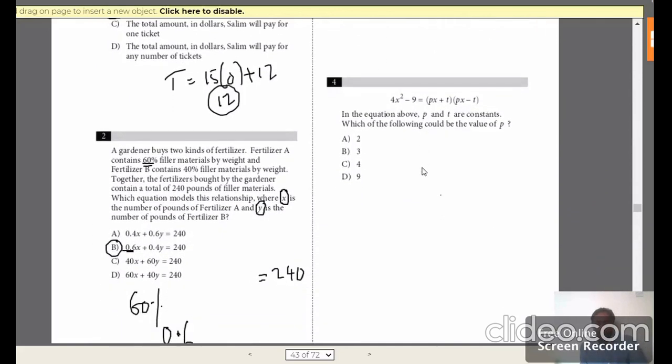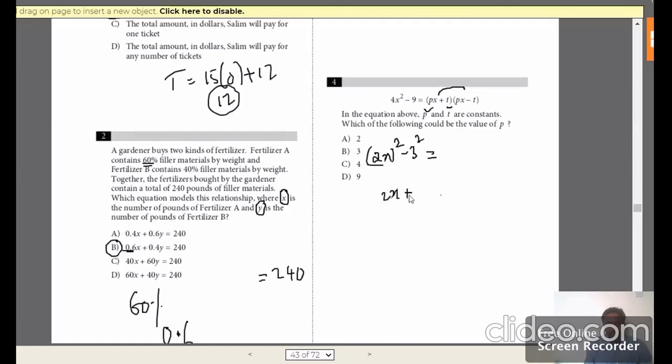Now moving on to question number 4. The equation is given to us, and p and t are constants. Which of the following could be the value of p? We know that when you multiply a binomial by a binomial, and both binomials contain the same term p, and we have the term 4x squared minus 9, which is the square of 2x minus the square of 3, which is 9.